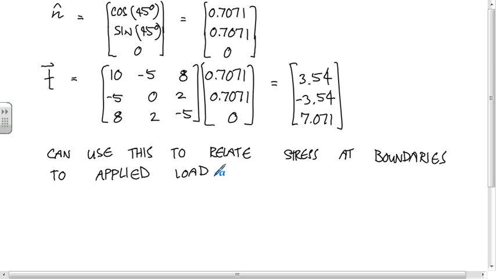So let me do another example, so this is the way it is most useful in elasticity problems.